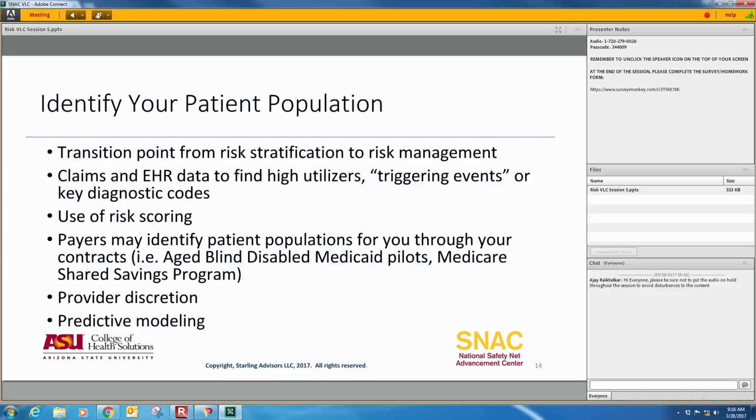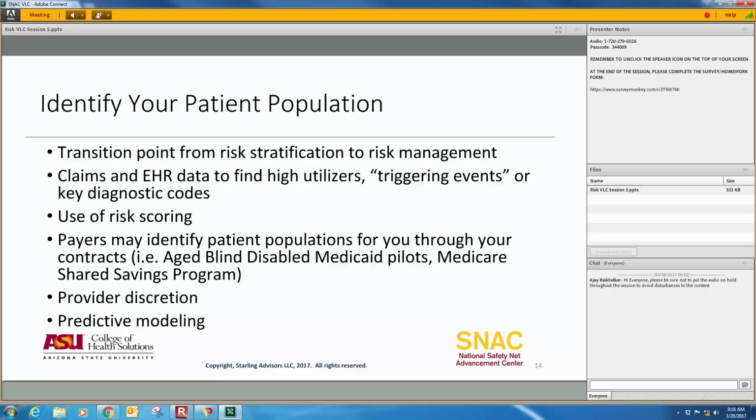We also think it's important to realize that, to some degree, we understand that you know your patients better than anybody. And there are going to be situations where providers are going to identify patients that they think are going to be responsive to various care interventions and risk management approaches. And we think that's really important.